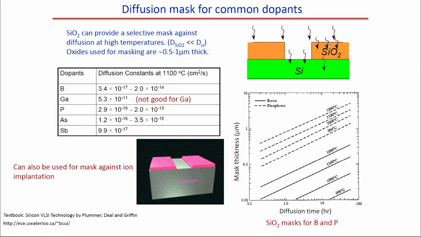Thus, this silicon dioxide will act as a mask when we are doping the silicon, and this doping can be done either using ion implantation or diffusion, that we have seen, and the most common dopants are boron and phosphorus.